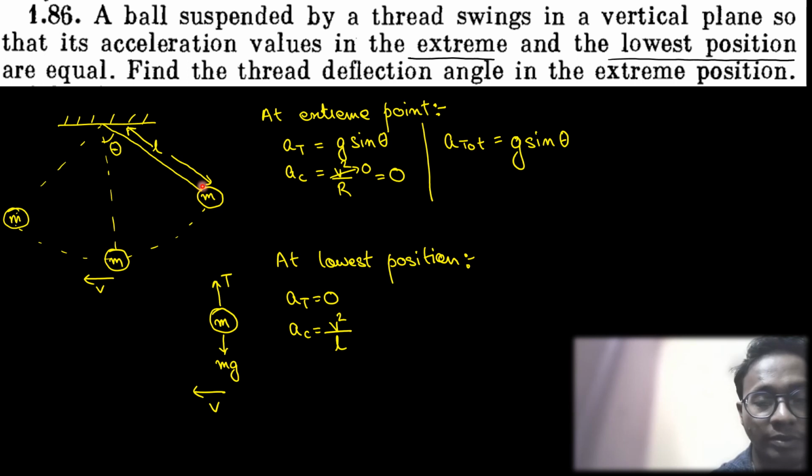So the kinetic energy out here minus the kinetic energy out here is equal to the work done by gravity forces between these 2 points. The work done by gravity, this distance is nothing but L minus L cos theta.